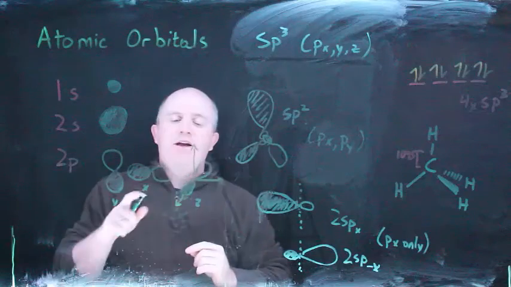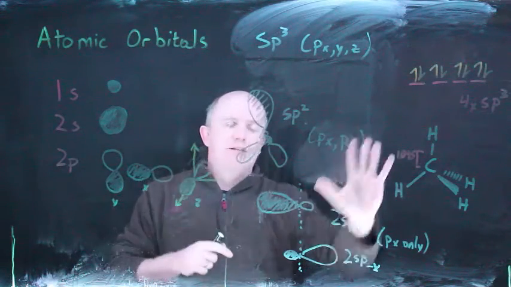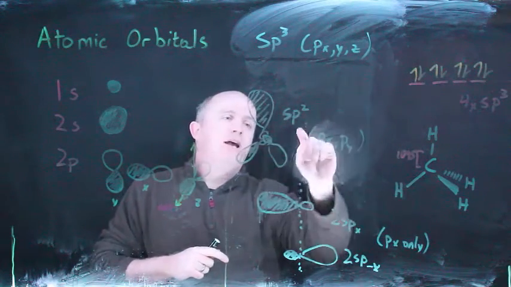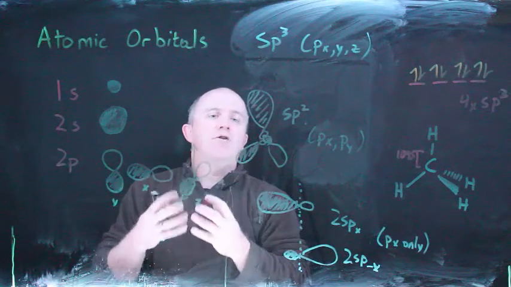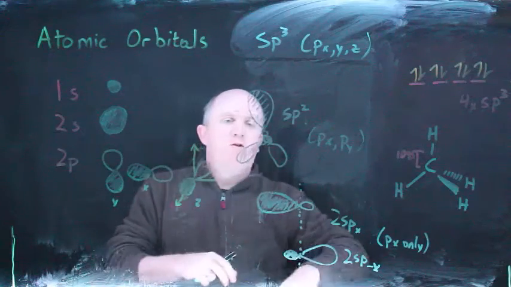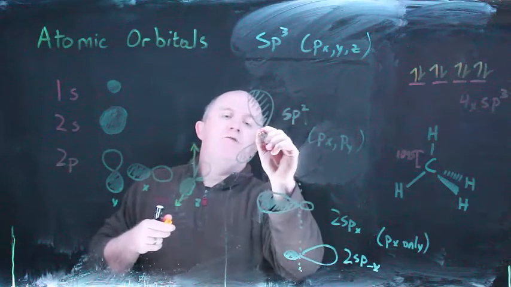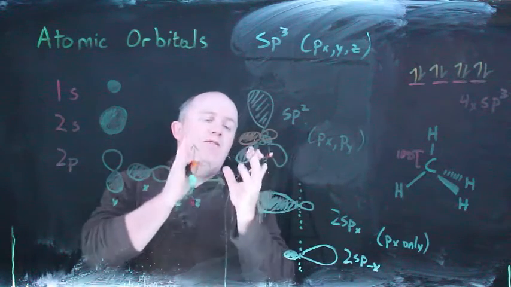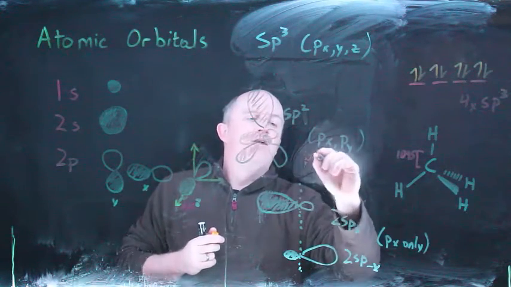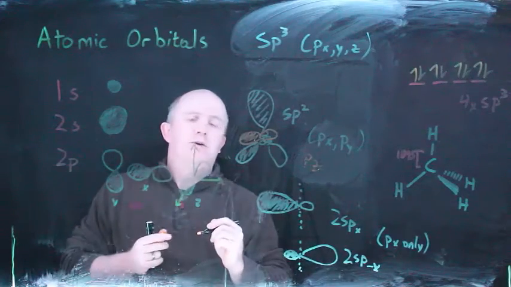However, if you fail to mix in the z direction because you're building something that's in the plane with the px and the py, an sp2 hybrid, then there's a leftover p orbital. And that p orbital is basically sitting right here, coming toward me and going back out toward you. And that is the leftover pz orbital, which has not been used.